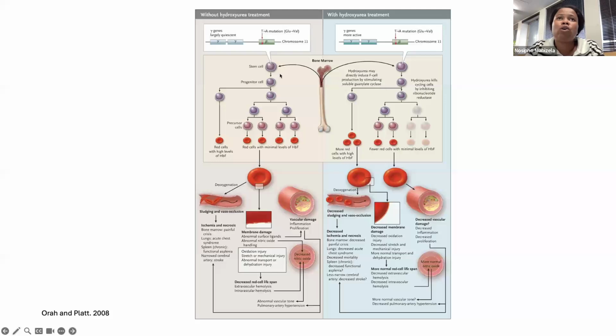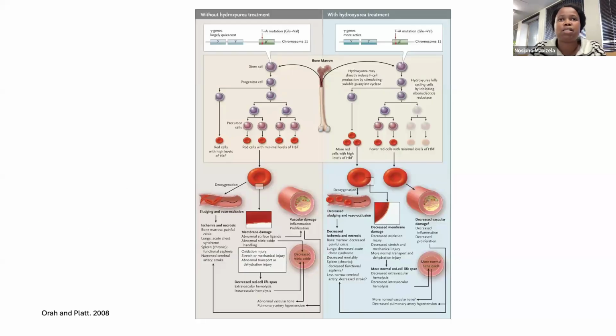For hydroxyurea, you can see the first block is without hydroxyurea, and the second block is with hydroxyurea. You can see that among the red cells produced with a minimal level of fetal hemoglobin, there are a lot in this block, and then there are few that have a high level of fetal hemoglobin. So why fetal hemoglobin? Because fetal hemoglobin changes as you grow older.